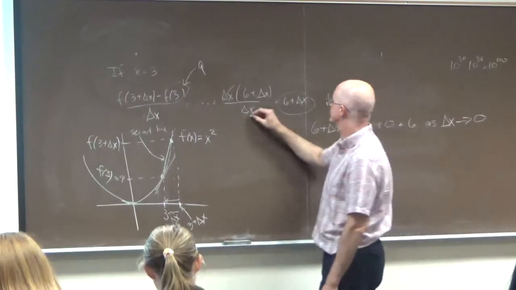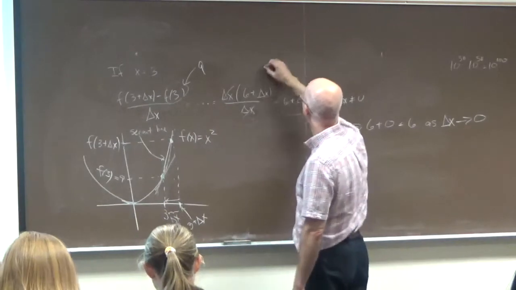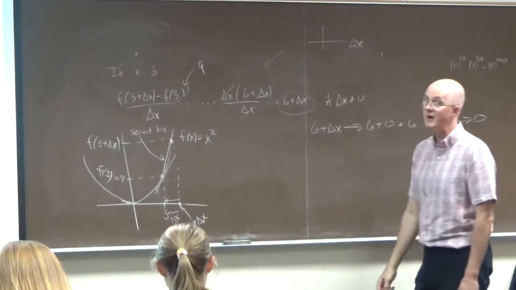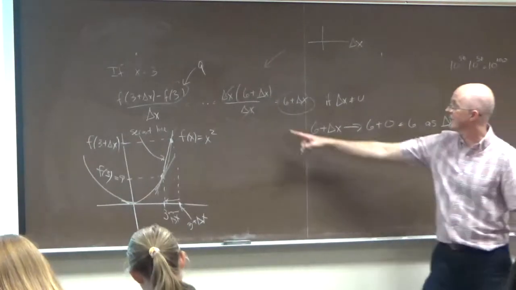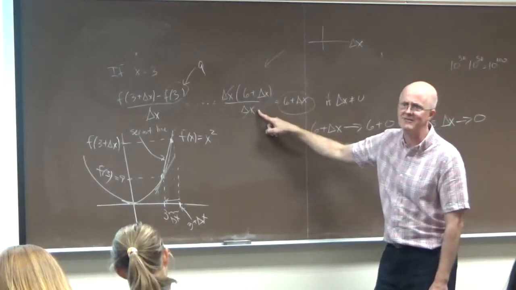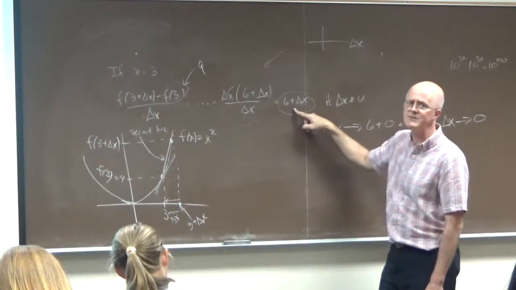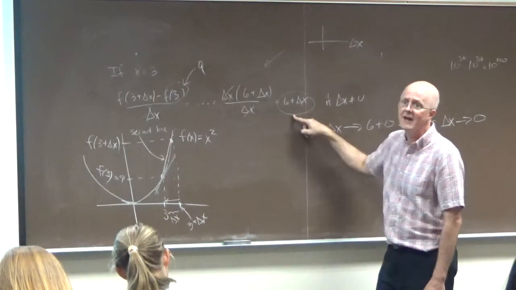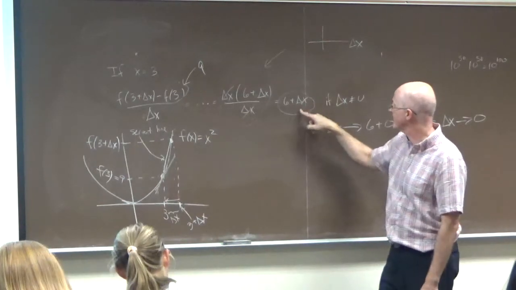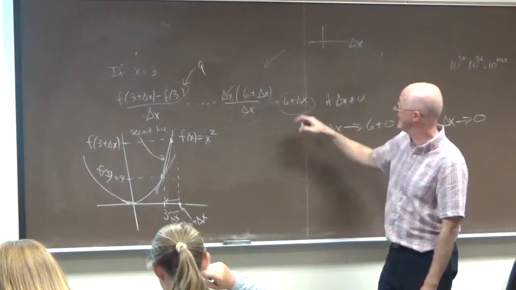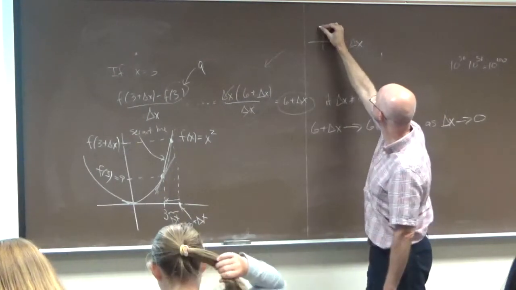Essentially, the reason is this. If you were to graph this function as a function of delta x, this is kind of weird. Look at that expression and treat delta x as a variable. It would be the same as the graph of this function because they're equal as long as delta x is non-zero. And what's the graph of this one? It's got a slope of 1 and a vertical intercept of 6.